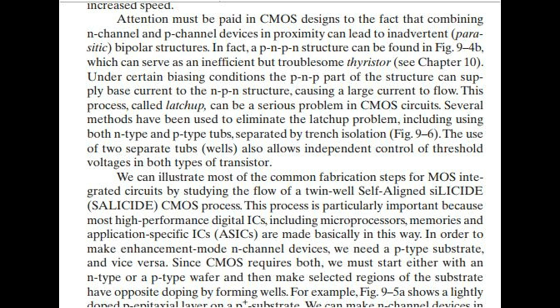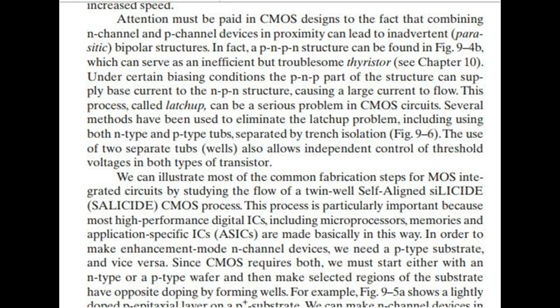Several methods have been used to eliminate the latch-up problem, including using both N-type and P-type tubs, separated by trench isolation, Fig 9.6. The use of two separate tubs, wells, also allows independent control of threshold voltages in both types of transistor.